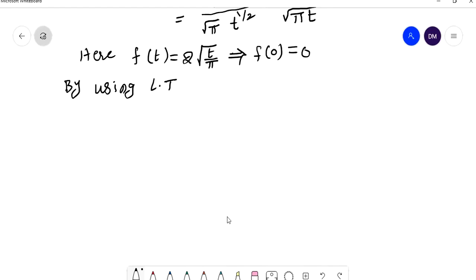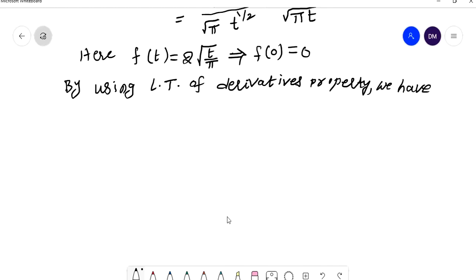Okay, now by using the Laplace transform of derivatives property, we have L of f dash of t is equal to s into f bar of s minus f of 0.